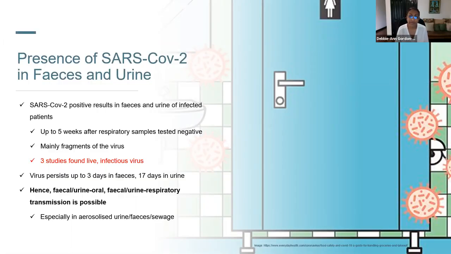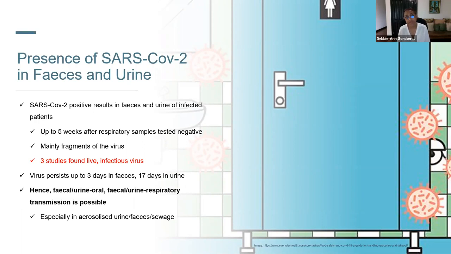An interesting finding is the detection of the virus in feces of patients up to 5 weeks after their respiratory samples tested negative. This suggests then that persons are shedding the virus for weeks after they've stopped showing symptoms, or weeks after they're even sick anymore.